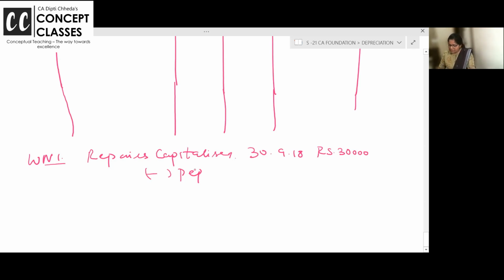You must have charged depreciation for this 18 and 19. And what is the rate of depreciation they have given? 10% WDV, in the first line of the problem they have given.